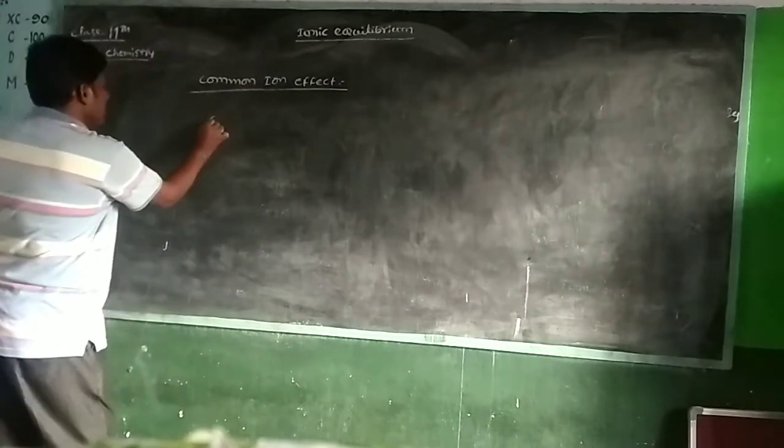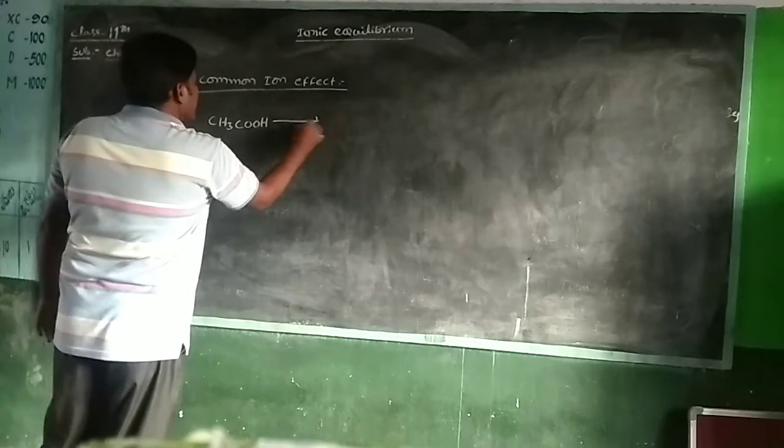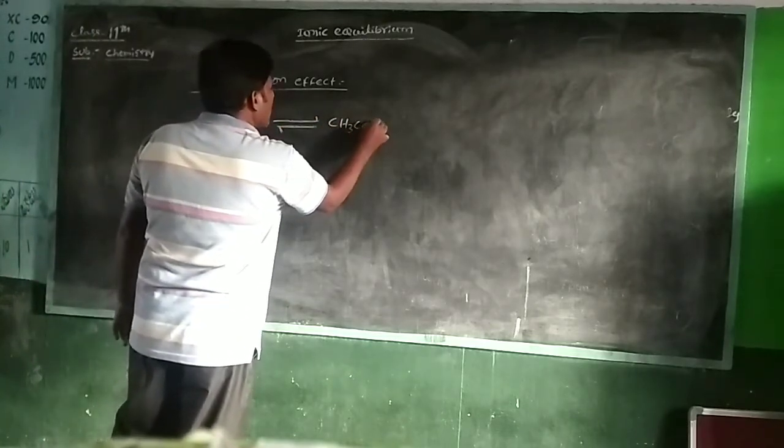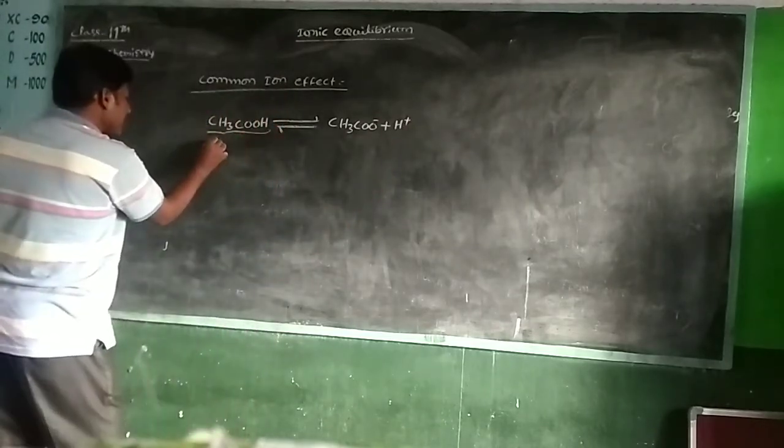For example, CH3COOH in a reversible reaction gives CH3COO minus plus H plus. This is the weak electrolyte.